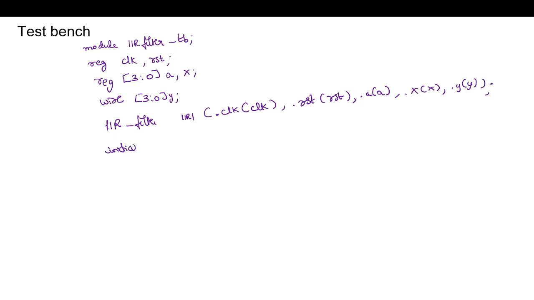Initial begin means it will be executed once at t equal to 0, no time mention delay. Then always with the delay of 5, clock should be generated. The next initial begin, then reset 1.